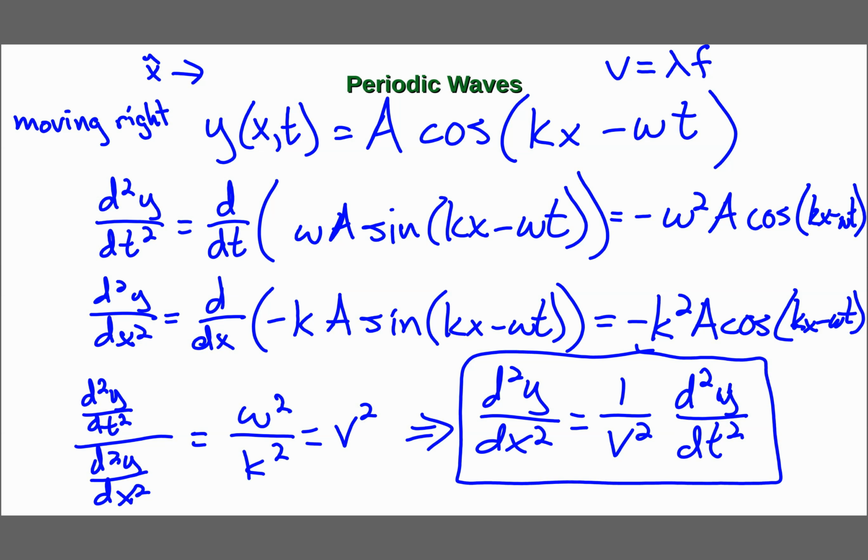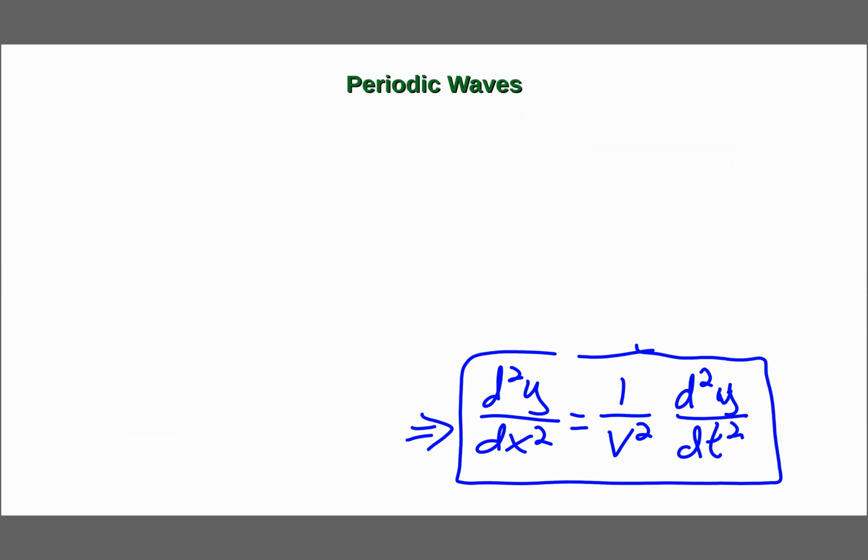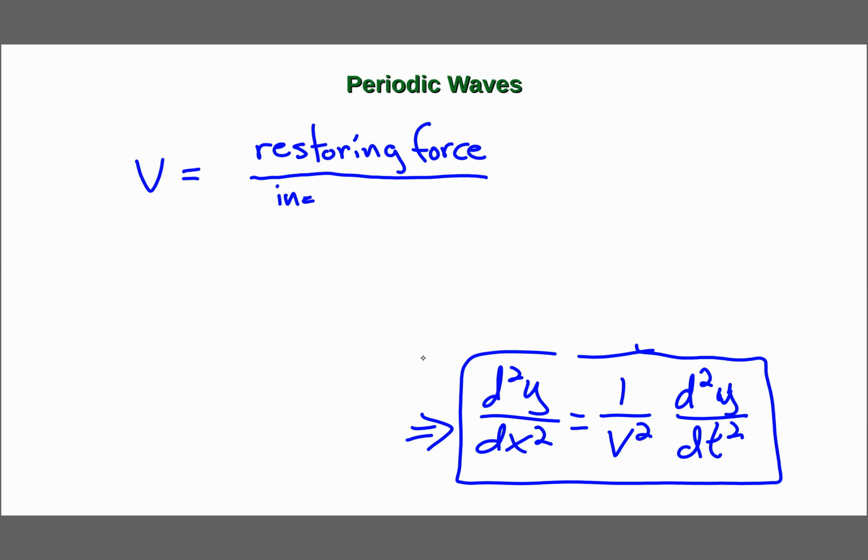Now, the speed of a mechanical wave is going to depend on the properties of the system. So in general, the speed of our mechanical wave is going to be v equals, and then it's the restoring force that's restoring the particles to equilibrium divided by the inertia that resists the restoring force, and that's going to be in a root.